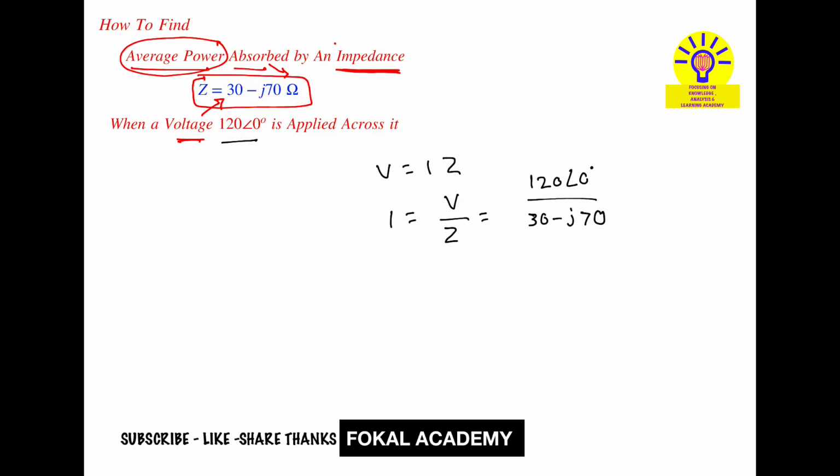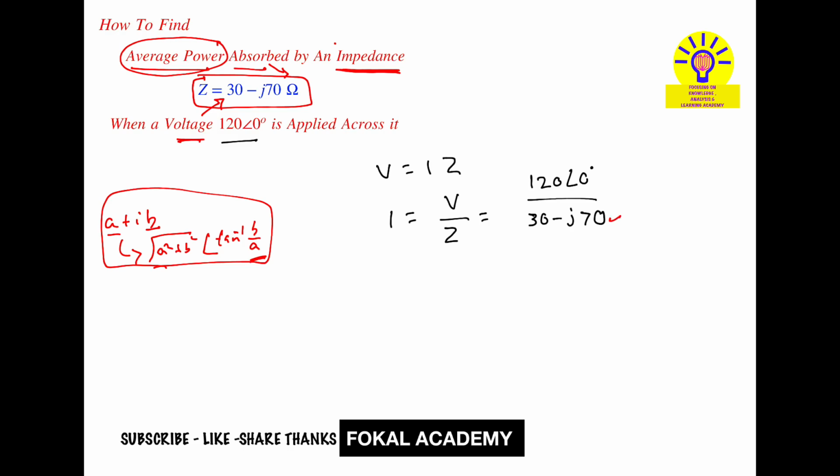Whenever a complex number is given in the form A plus jB, the root of A squared plus B squared gives the magnitude, and the phase angle is tan inverse of the complex part B by the real part A. That gives the phasor form. Now apply this here.